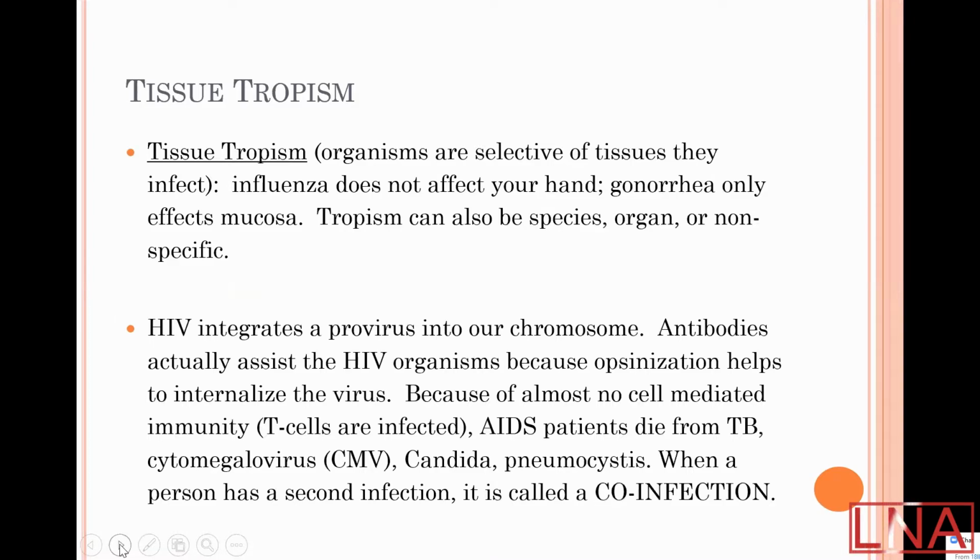Next part is about tissue tropism. It's when an organism can selectively infect a particular tissue, cell, or organ. For example, influenza virus does not affect your hand. Gonorrhea only infects mucosa. Such tropisms can be species, organ, or non-specific.